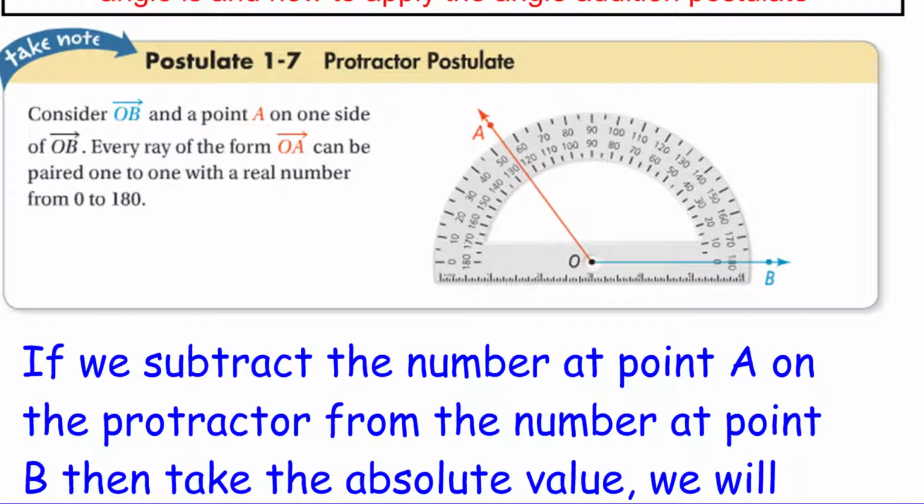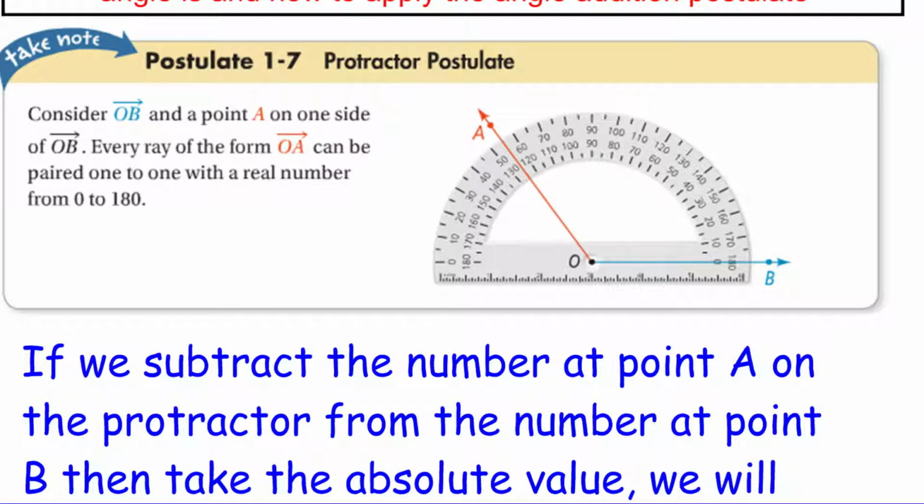It's basically saying that all of the space in between the 2 rays can be assigned a number, and in order to assign a number, we have to use a circular measuring tool, which we call a protractor. So instead of using a straight line measuring tool, which is a ruler, we're using a circular or semicircular measuring tool, and we're putting numbers all around the outside so we can assign all the space in between A and B, between ray OA and ray OB, a number.